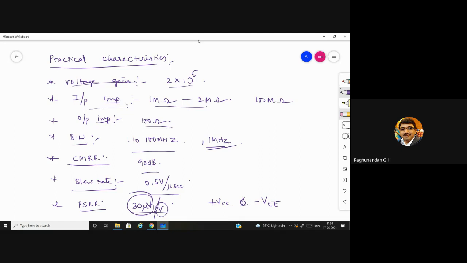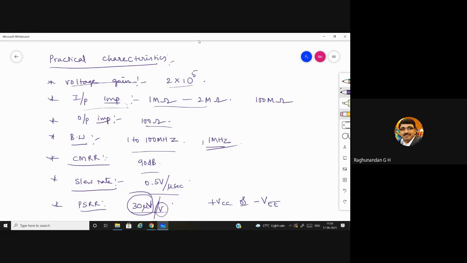Among the 8, 6 derivations you have. Among those 6 derivations, usually 2 derivations, or 1, are 100% for the exam. If you study that, 8 marks is in your hand, 8 plus 8 will be in your hand.